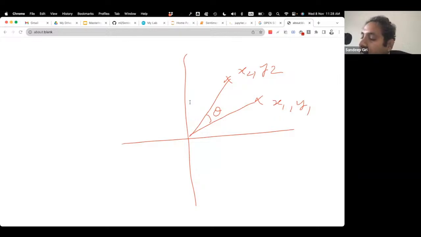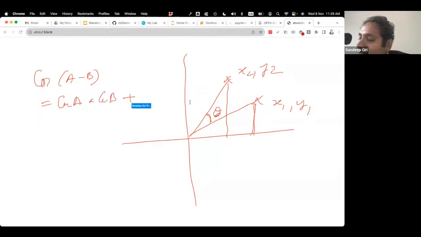You usually use this, remember cosine of a minus b? This is a minus b. These are two triangles. It is cos a cos b plus sin a sin b.